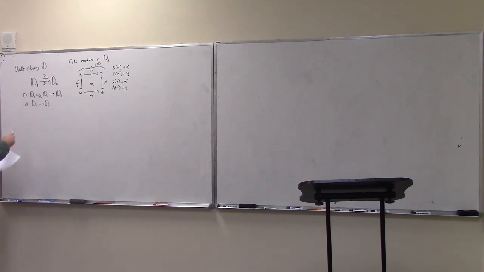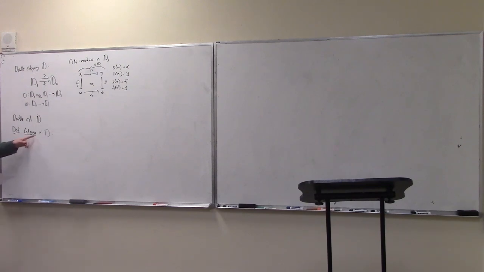So if we have a double category D, then a category or a category object in D. Some people call this all sorts of things.